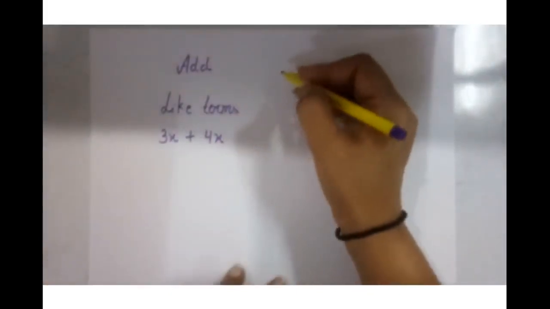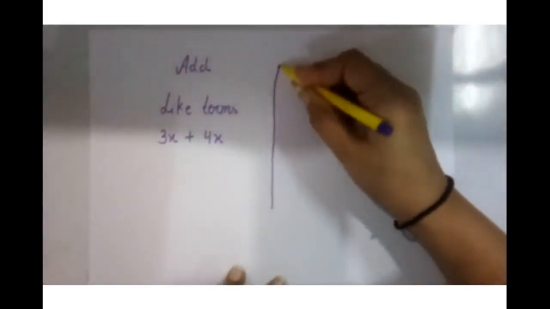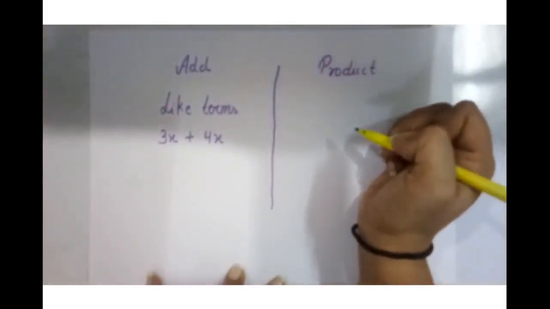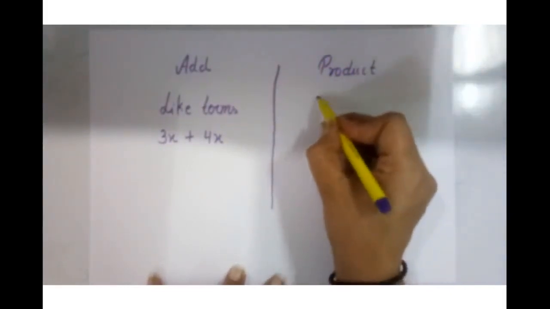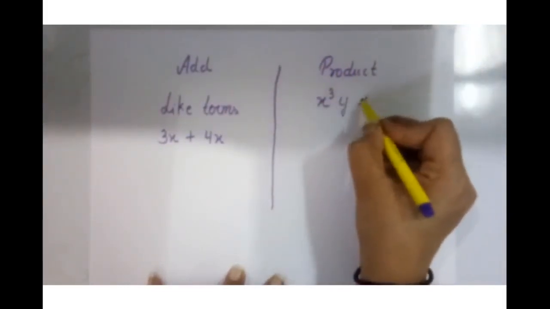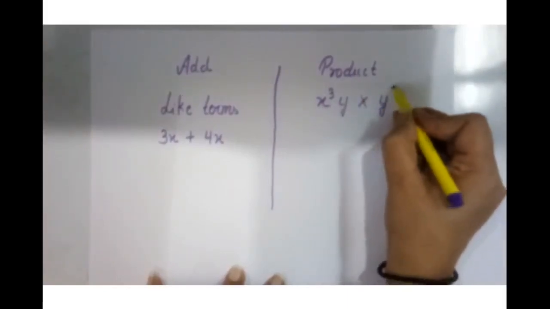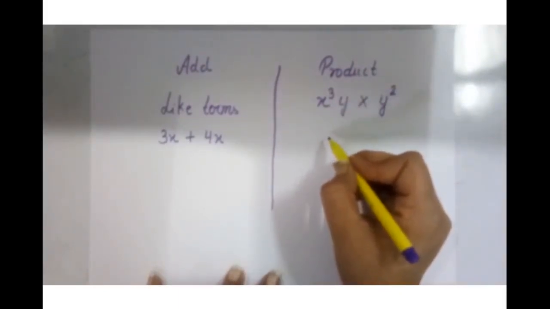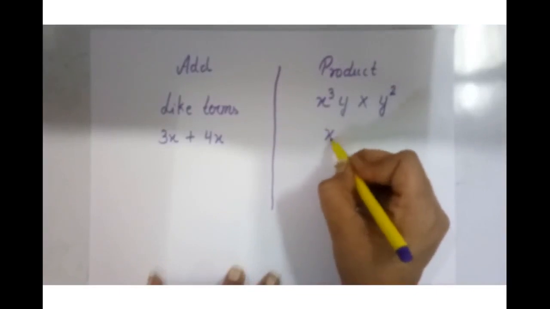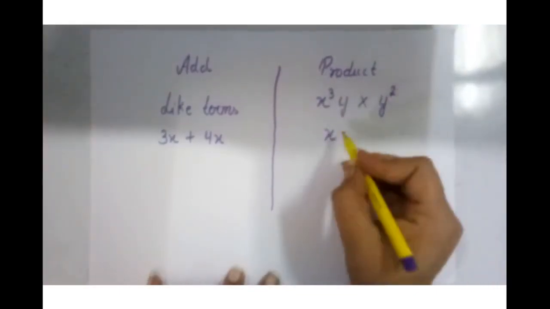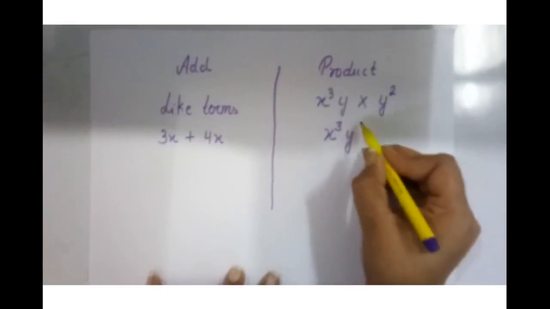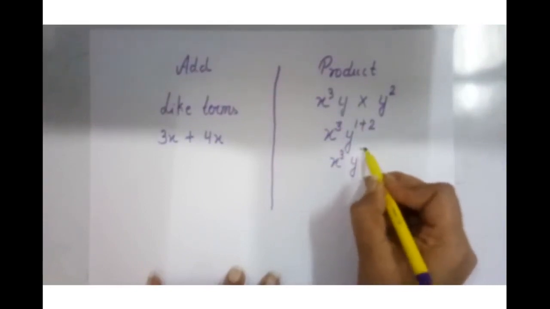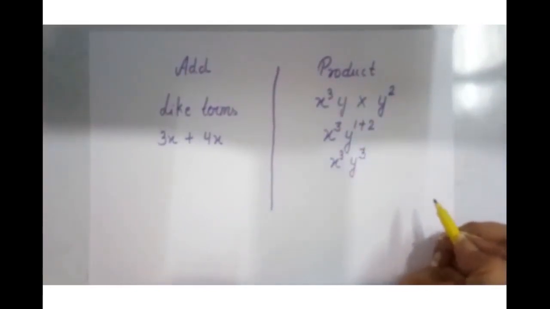But if we have to do the product, different variables can be multiplied. Like if we have terms x cube y multiplied by y square, what do we have to do in that? We have to add the powers of the same variable. That means x: here x cube, but here there is no x, so x cube remains the same. But y, 1 plus 2. Terms can be multiplied, but powers can be added of the same variable only.